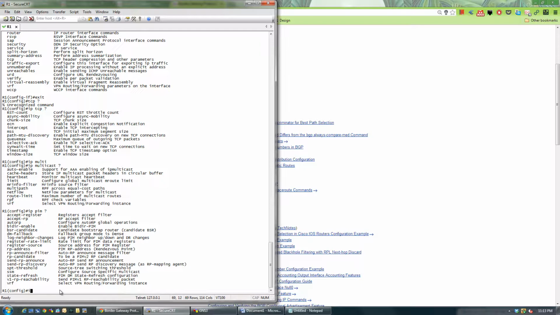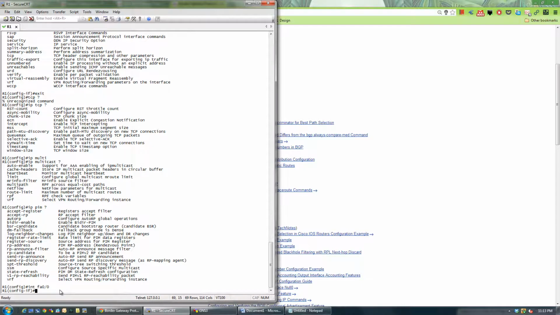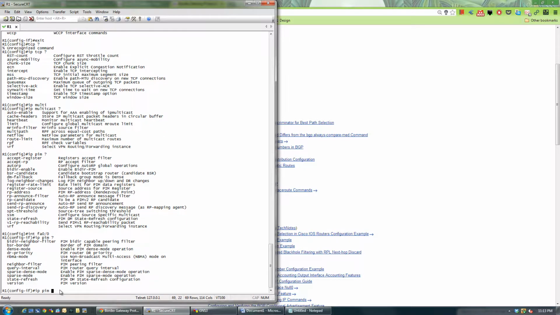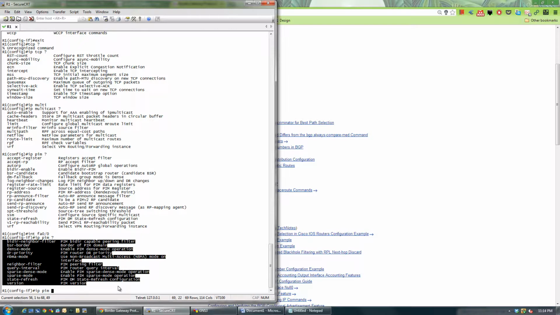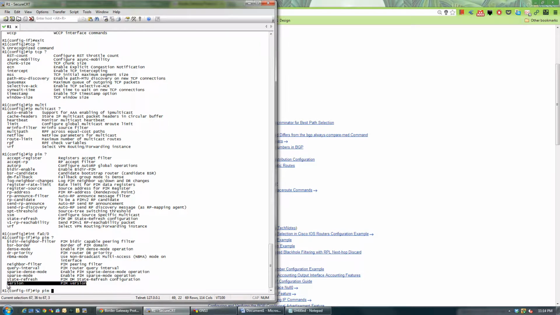And if you were to issue interface IP PIM, some of the commands are similar while others are different. See, you can change the PIM version at the link level, but you cannot change it at the global level, right?